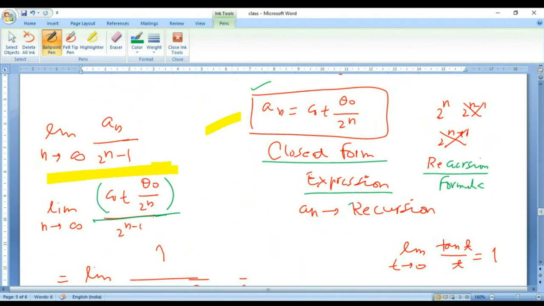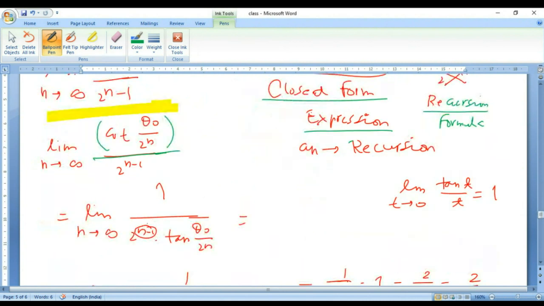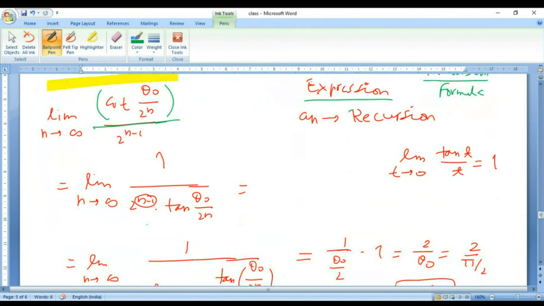Now, because cot appears, I can change this to tan, since cot t is 1 over tan t, and we know that the limit as t tends to 0 of tan t by t equals 1. So we just have to adjust these terms. The argument of the tan function was theta naught upon 2 to the power n, and so this is the argument t.